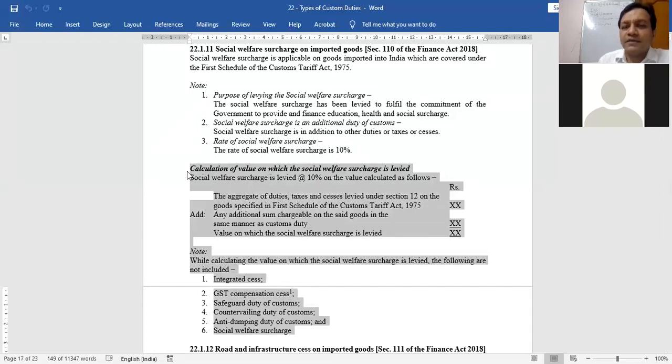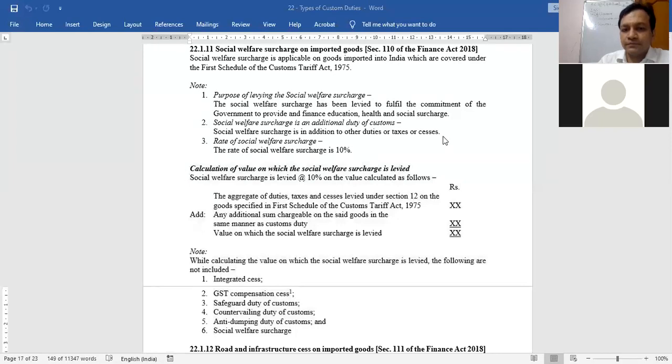Now, can you tell me how much will be the social welfare surcharge in my question? How much is the social welfare surcharge? 10% of what?